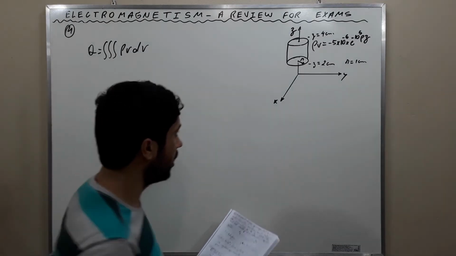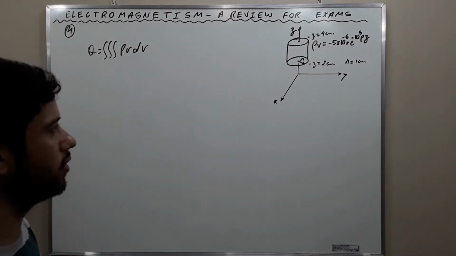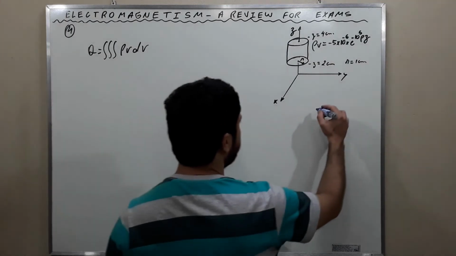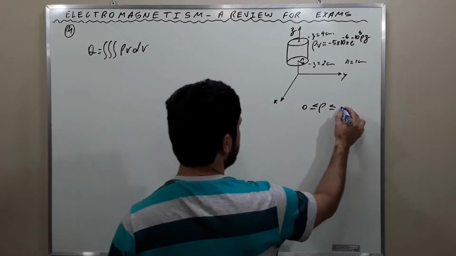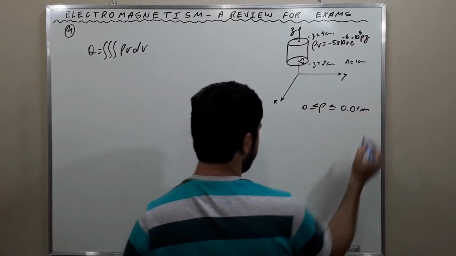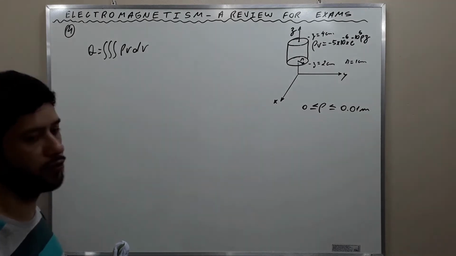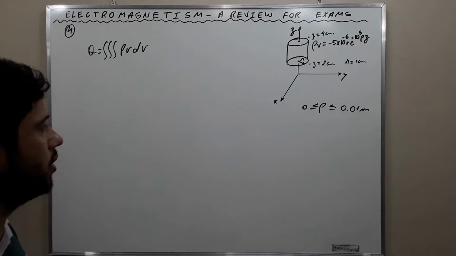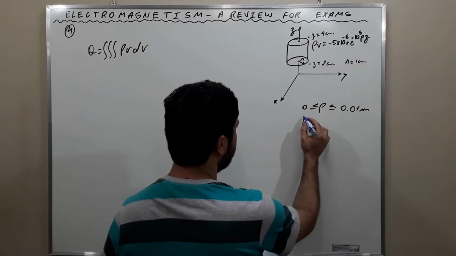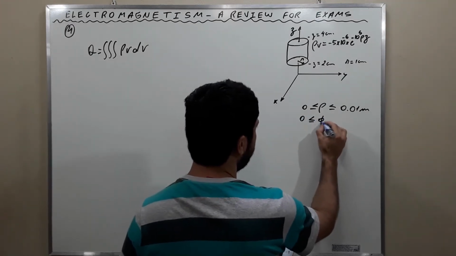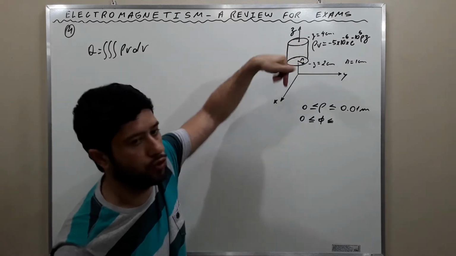Then, as the radius of the cylinder is 1, then rho is going to vary from 0 to 0.01 meters. Okay? In cylindrical coordinates, instead of using x, y, and z, we use rho, phi, and z. Phi is the angle, and it is going to vary from 0 to 2 pi.